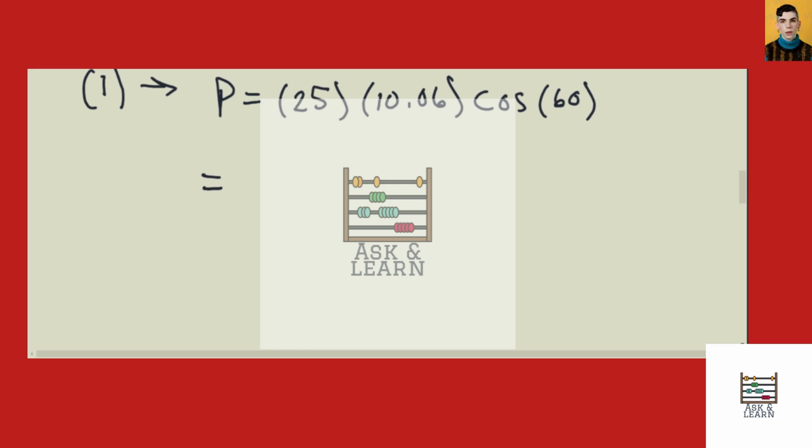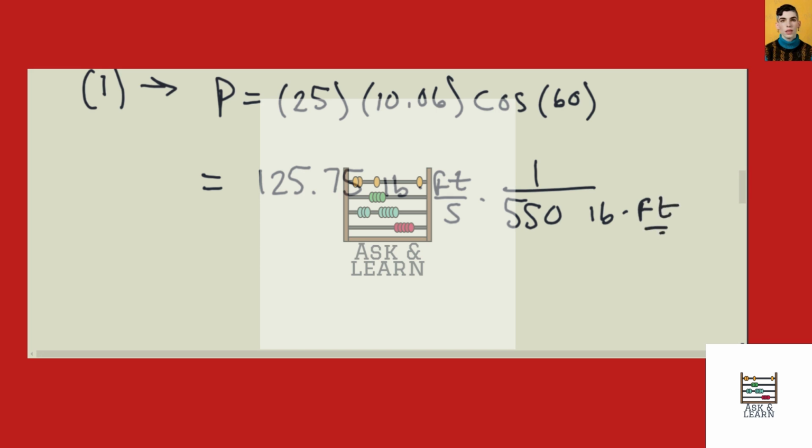And so we get 125.75 pounds-feet per second. We can convert this to horsepower by multiplying by 1/550. So the power in horsepower is 0.23.